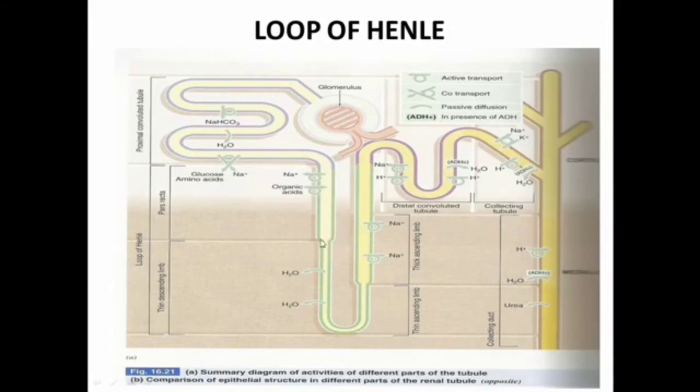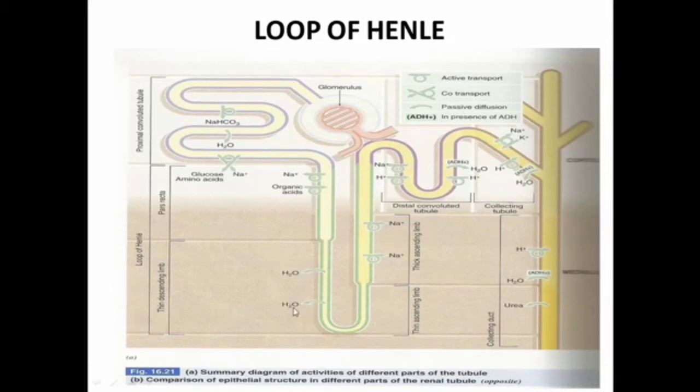You see here, it is a U-shaped structure, having a thin descending segment, then a hairpin-like turn, then it ascends upward, and again the thin segment, which gradually passes into this dilated portion, the thick portion of the loop of Henle, which becomes continuous with the straight part of the distal tubule.